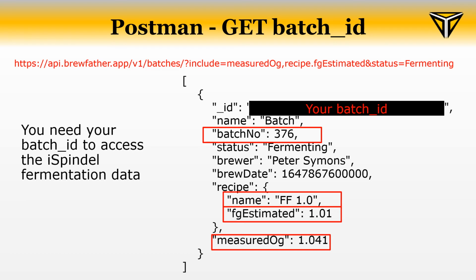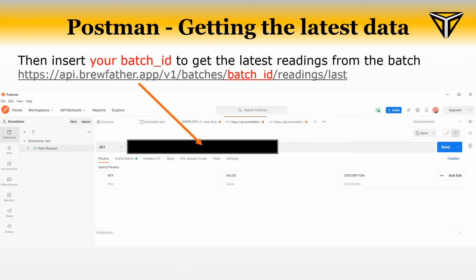You need the batch ID to access the iSpindel fermentation data, and where the boxes are shown, that's information that is used within FermWatch. So the next step is to insert your batch ID into the URL as shown to get the latest data and hit send.